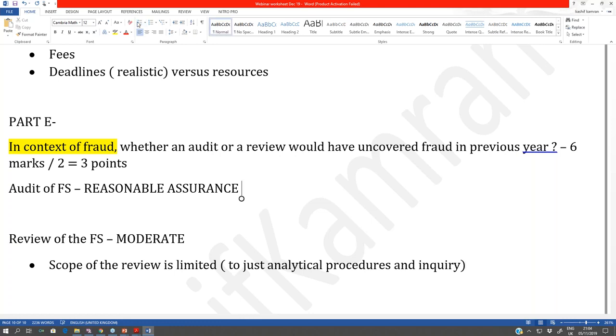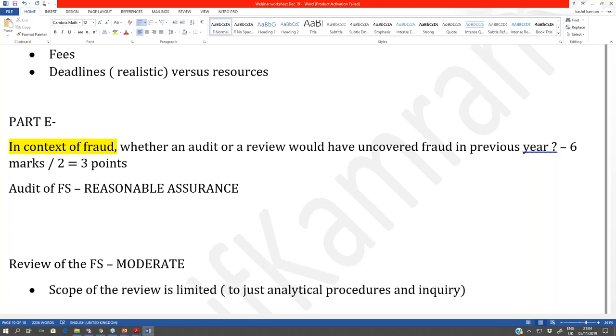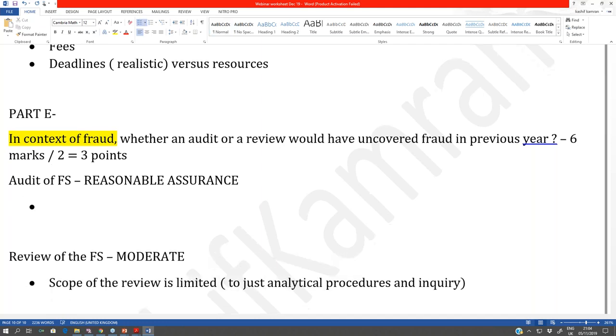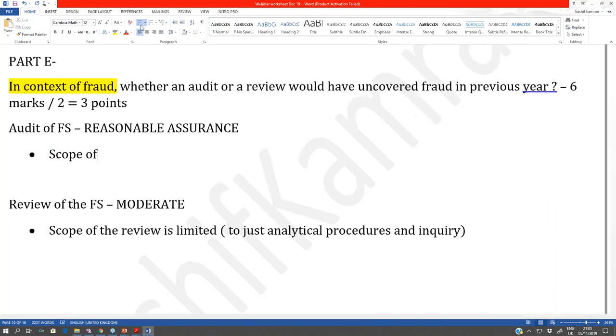But yes, when you're conducting an audit, the audit does have a better scope. The scope of the audit includes test of controls plus the substantive procedures. So you can do a lot more in audit, right? That's the reason you're giving a reasonable assurance. But the scope of the review is limited.